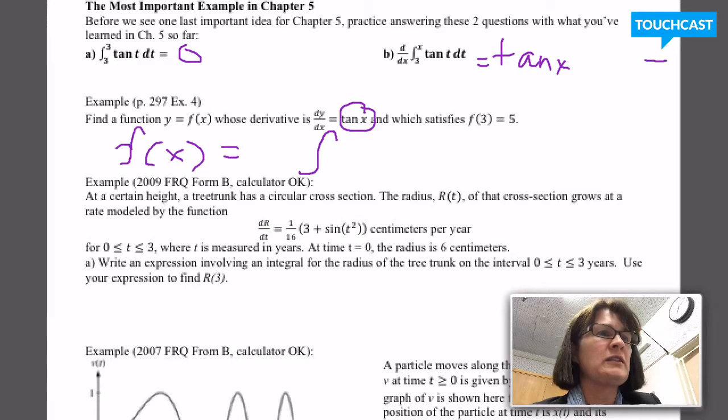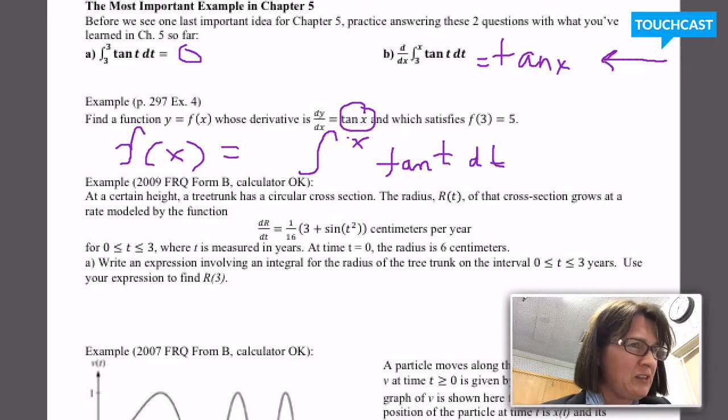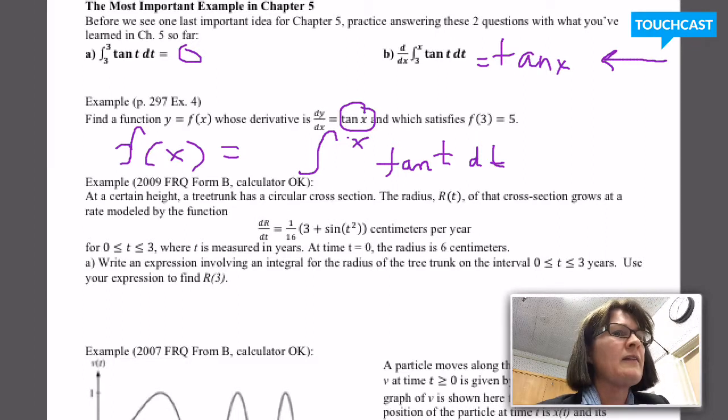We know, because we just did an example up here, that if we wrote a function based on an integral, whose upper limit is x, and has tangent t dt as the integrand, then when we take the derivative of it, as long as the bottom is a constant, we're going to get out that tangent function with a variable change.